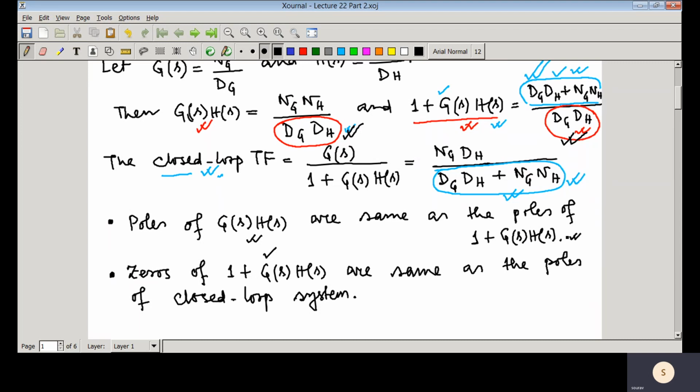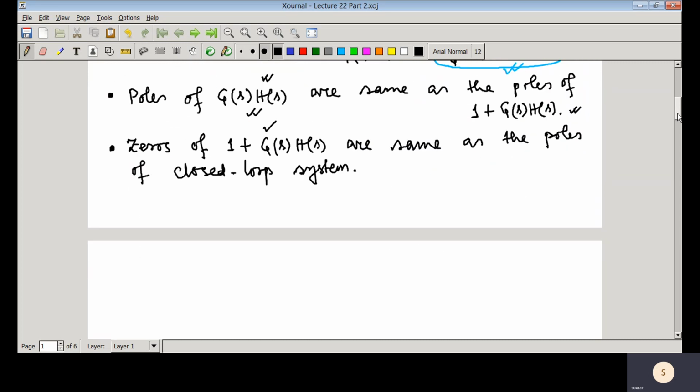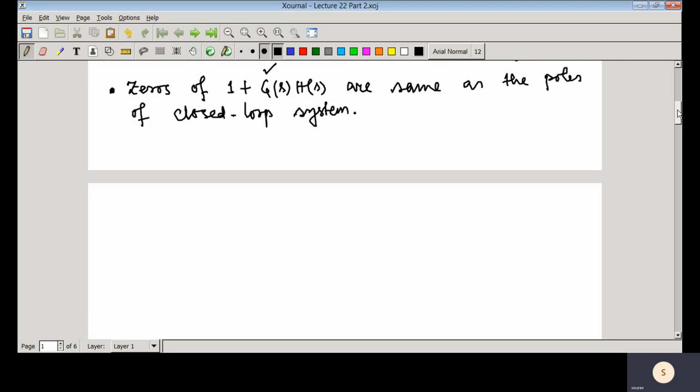If we know those poles, and we know the frequency response of the loop transfer function G(s)H(s), then we'll be able to say whether the closed loop system is stable or not. So the Nyquist stability criterion is developed based on a concept of complex analysis called the principle of argument.